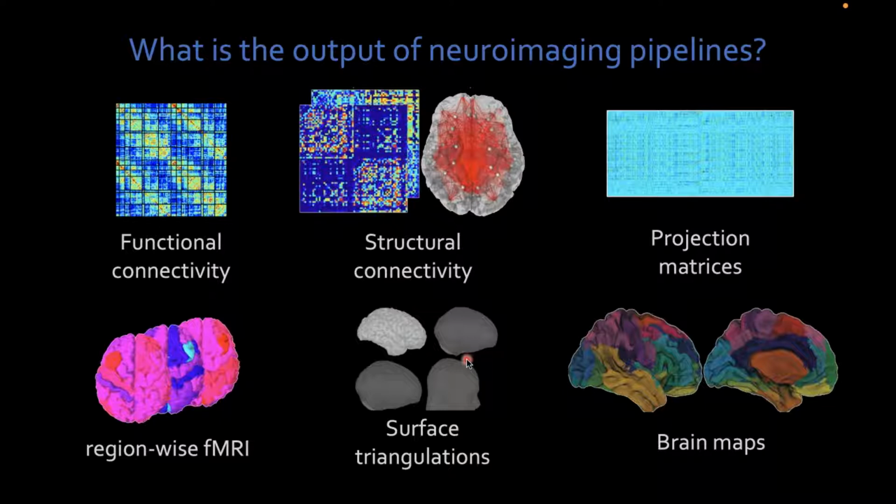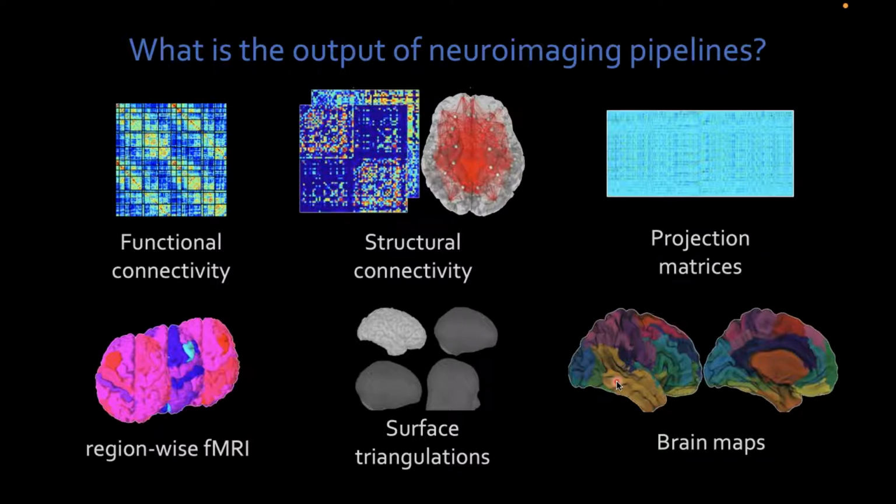And the output of such neuroimaging pipelines that we use to construct brain network models are then functional connectomes, for example, structural connectomes, projection matrices that allow us to project the activity that is simulated on the cortical surface into the sensor space, specifically EEG or MEG sensor space. Then we have region-wise fMRI data, which we can also compare with the empirical fMRI data.